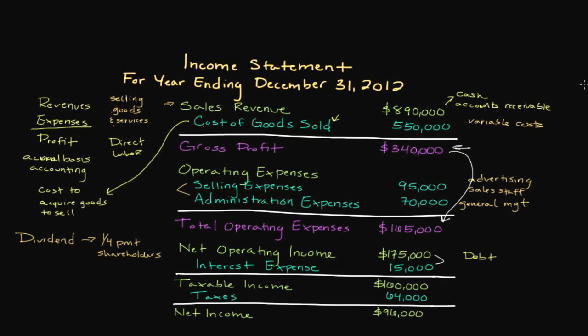So let's say that we actually paid a dividend. Let's say that we put about $40,000 going towards a dividend. We would reduce that from our net income of $96,000. And what that would leave us with is what we call a retained earnings of approximately $56,000.